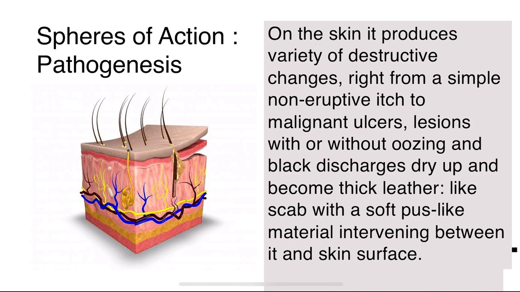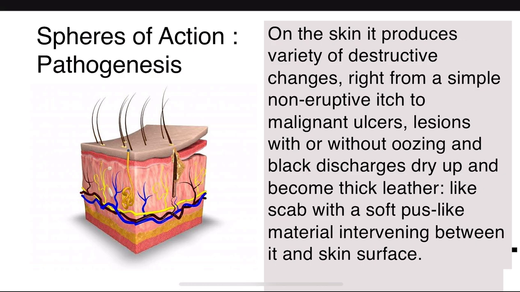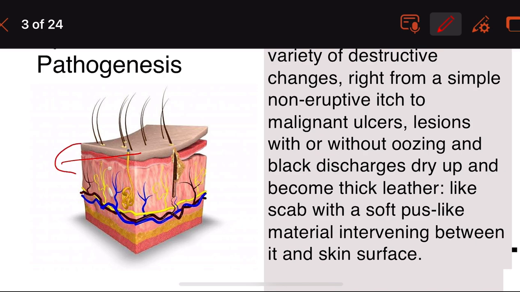Moving further to the sphere of action and the pathogenesis of Mezereum. Mezereum acts on the skin. Acting on the skin, it produces a variety of destructive changes, starting from the simple non-eruptive itch to the most malignant ulcers.